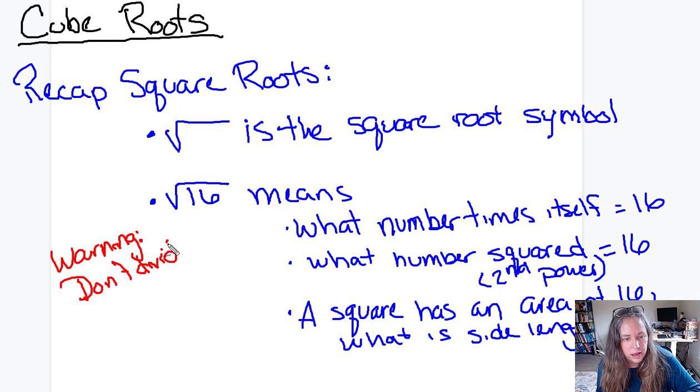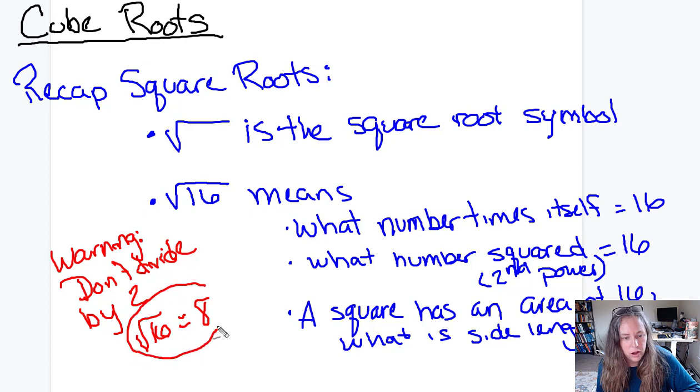That is the trap that people will fall in. People will want to say square root of 16 equals 8, and that is wrong. That's the mistake. So don't do that one. Okay? Warning, don't divide by 2. So square root of 16 is 4.